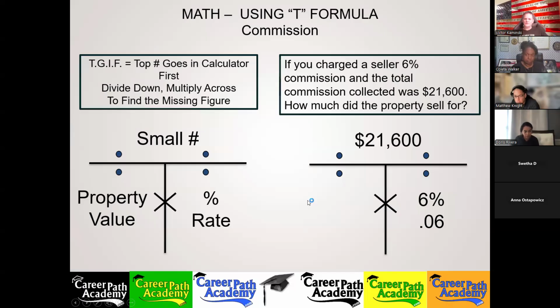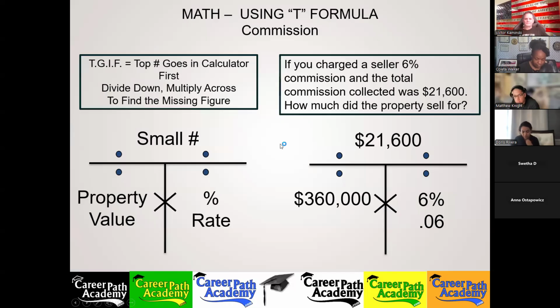So what did the property sell for? $360,000. Yep.